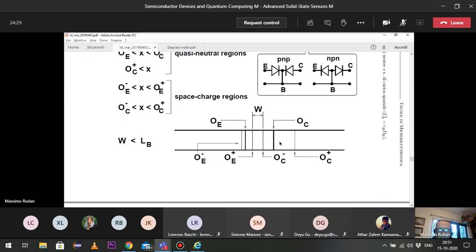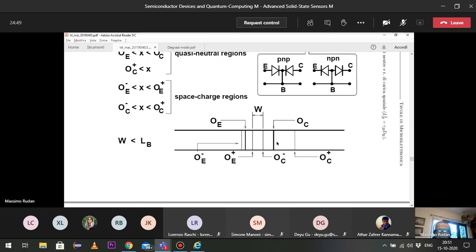In contrast, if you look at the collector junction, you see that the extension of the space charge region is much wider. This is so because we assume that the device is functioning in the so-called normal mode of operation.